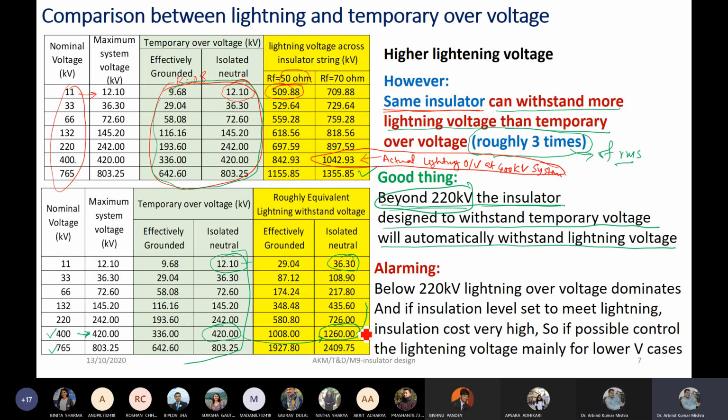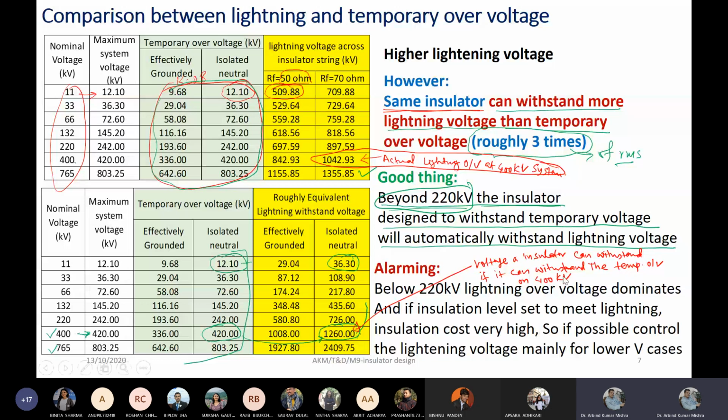And this is the voltage an insulator can withstand, if it can withstand the temporary over voltage on 400 kV.